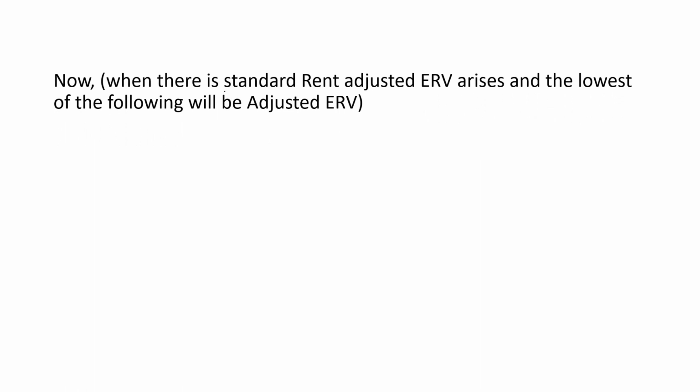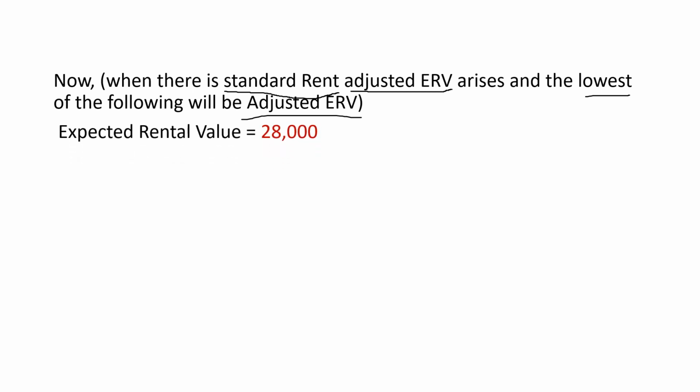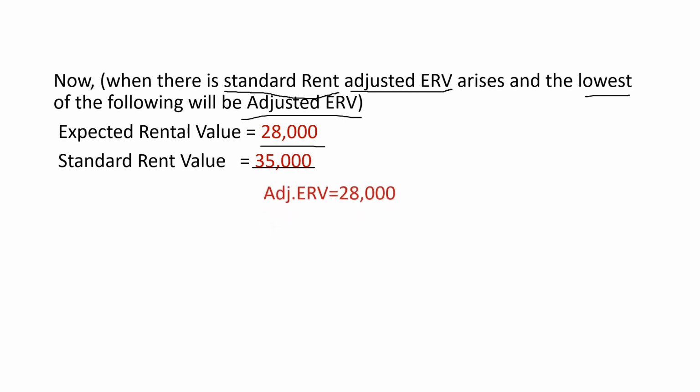Now here also the same thing, standard rent is given. So adjusted ERV will be arriving and lowest of the following will be considered as adjusted ERV. So these are the things you need to remember. So expected rental value is 28,000. Just now we have found it out. Next standard rental value is 35,000. Therefore, adjusted ERV is 28,000.